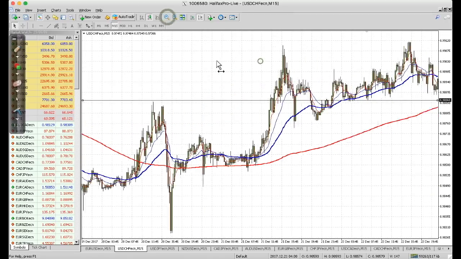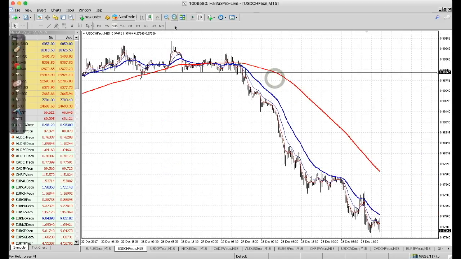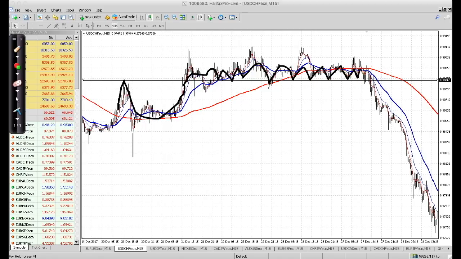Because it touches as many points as possible. Let me zoom out. Can you see? This was a resistance, and support, support, support, support, support, support, support, support, support, support. So very strong support.